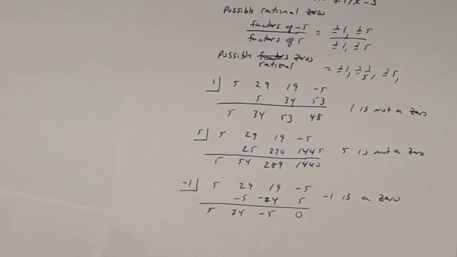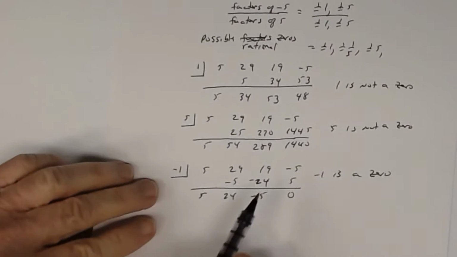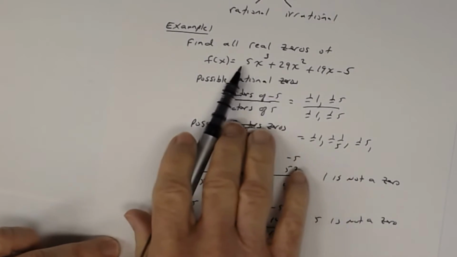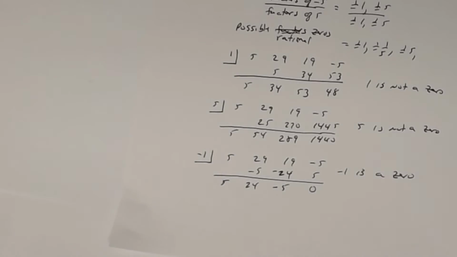All right, now remember what we did. Remember this is cubic, right? We're only dealing with cubic. So that means that when you rewrite this function in factored form, we have this. I'm going to go ahead and use another sheet of paper.